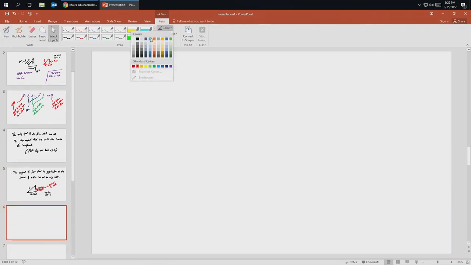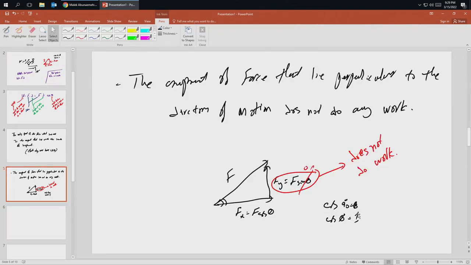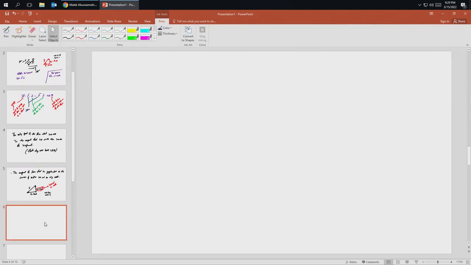So we said if we go with the direction of displacement, in this case at 0, we're going to get a 1. So where we said your work was F D cosine theta, let me write this down.